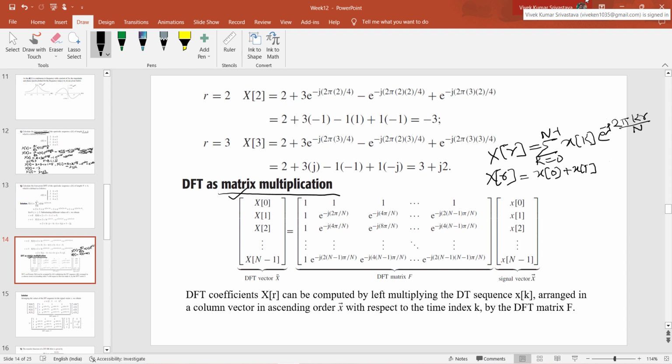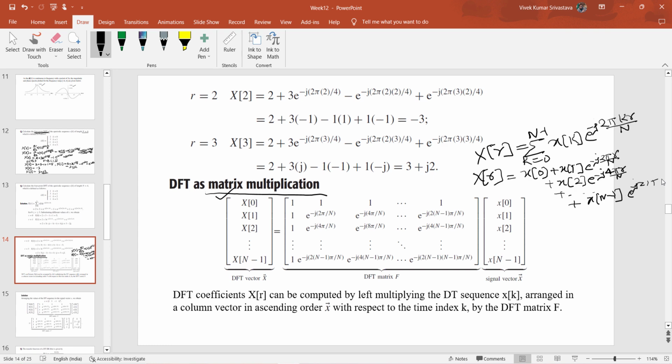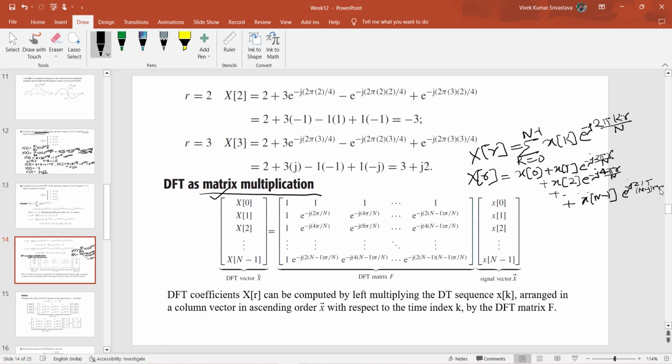So x of 0 plus x of 1 into e raised to the power minus j 2 pi r by n plus x of 2 e raised to the power minus j 4 pi r over n plus dot dot plus x of n minus 1 into e raised to the power minus j 2 pi into (n minus 1) into r over n.